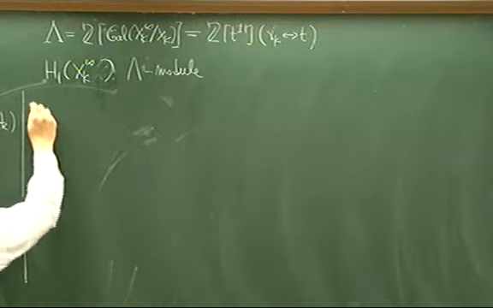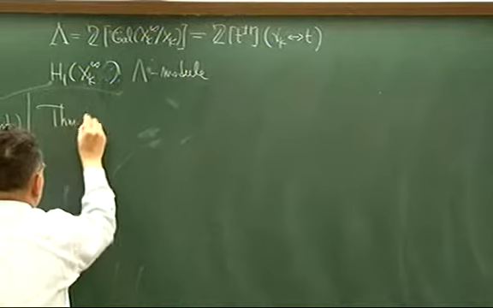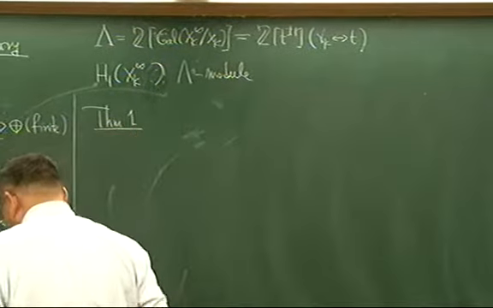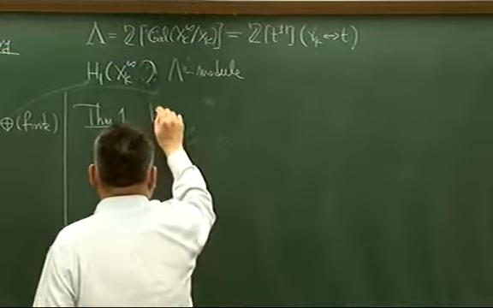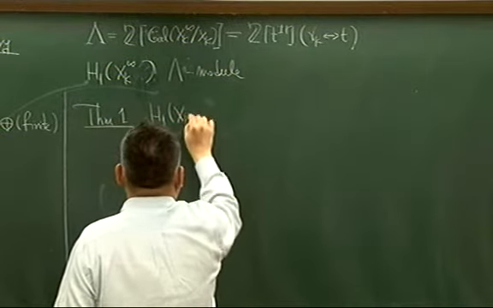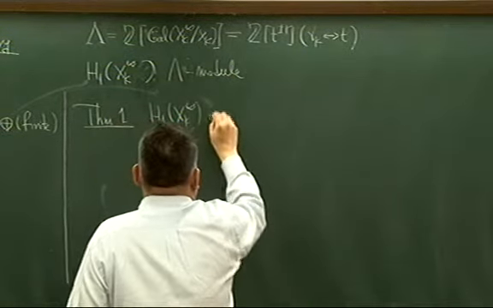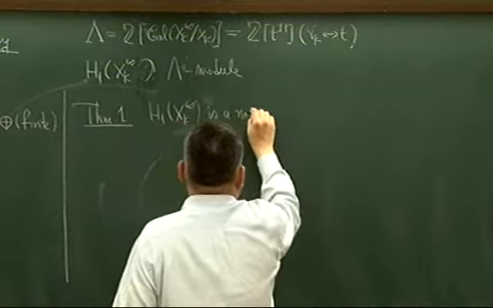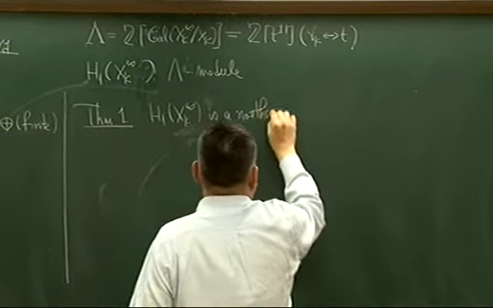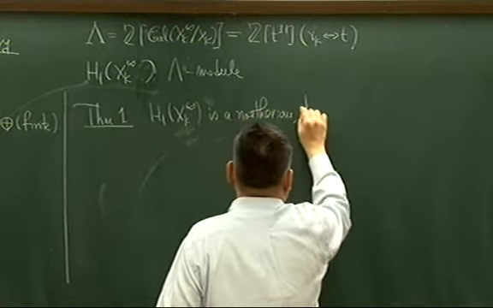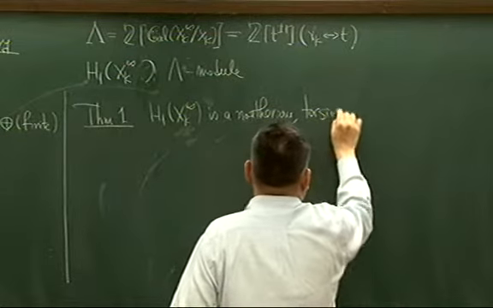Then the first well-known theorem in Alexander-Fox theory is that H_1(X_K infinity) is a Noetherian torsion Lambda-module.